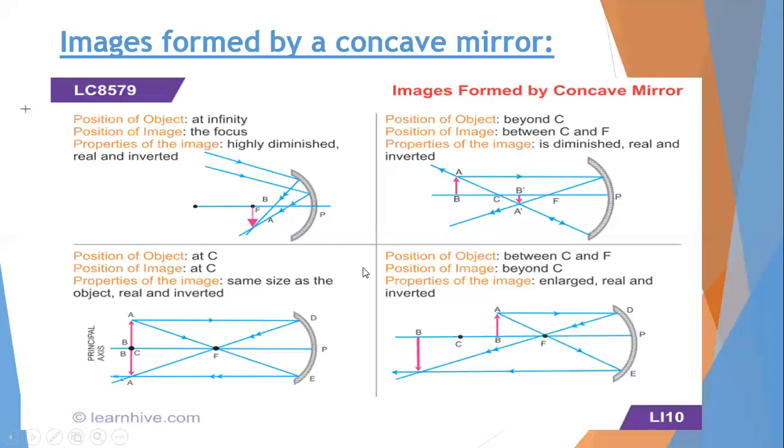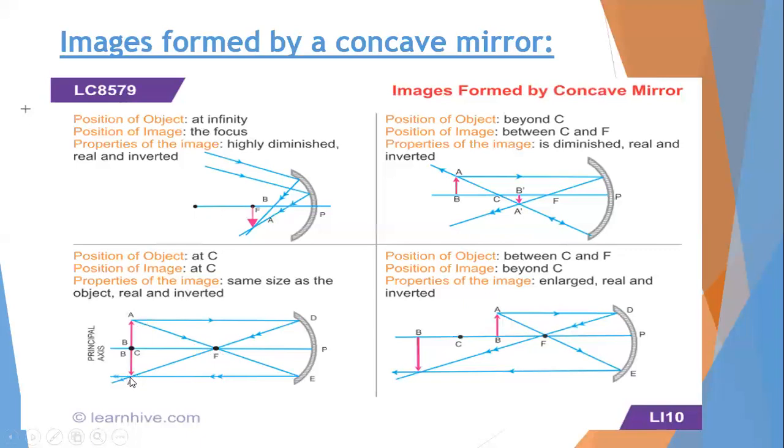In the third diagram, the object is placed at the center of curvature. A ray parallel to the principal axis strikes the mirror. After reflection, it passes through the focus. Another ray passes through the focus and after reflection becomes parallel.